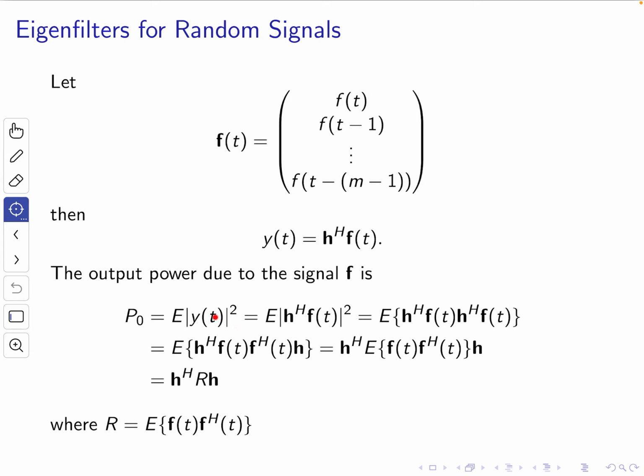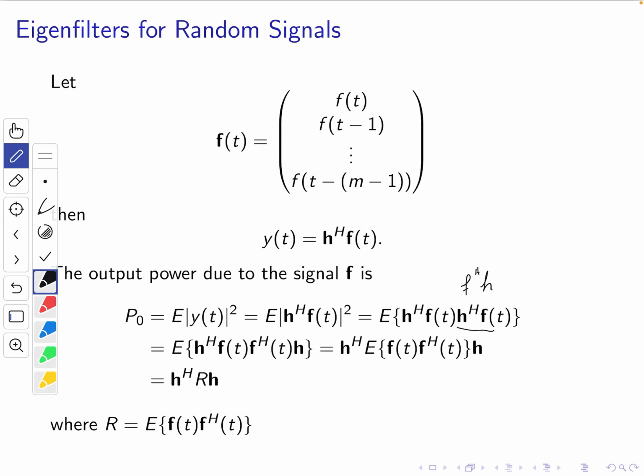Remember, if we relate power to the output squared, then the output is h Hermitian times F, squared. This thing is a scalar, so when we square it, we have h Hermitian F times h Hermitian F, and then the expectation of that. Notice I can always write one of these as F Hermitian h.